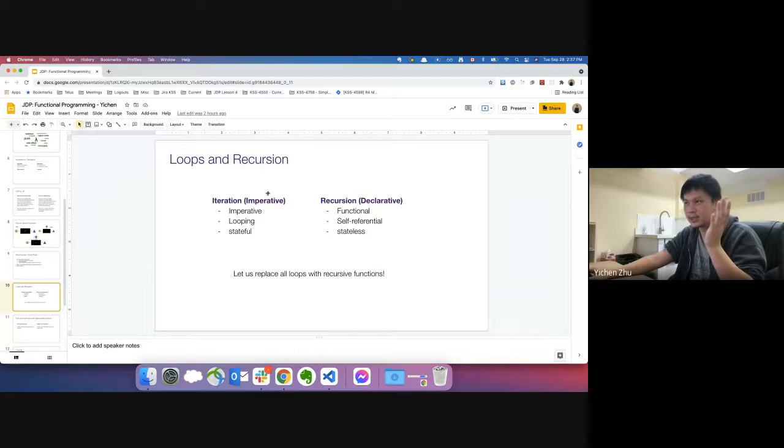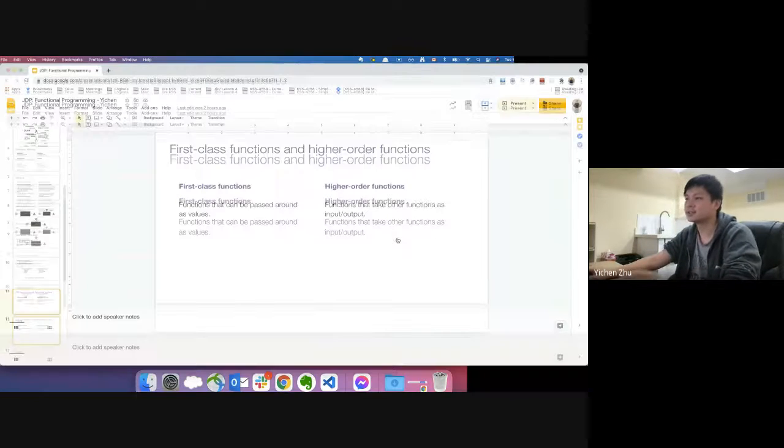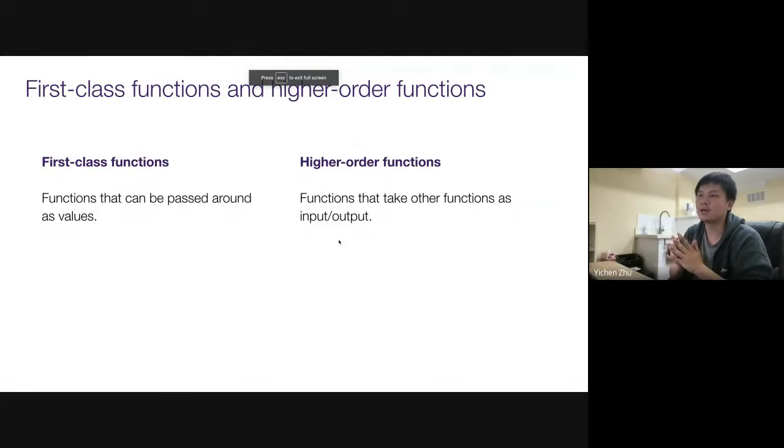So the next topic is going to be first class functions and higher order functions. Like I said before, the main thing that I remember having trouble with was understanding, especially in JavaScript. If you ask me pre-ES6, I would say it's very much a functional programming language.